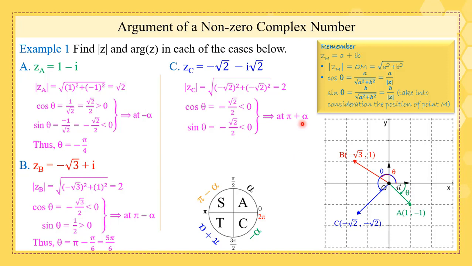Remember again, alpha is calculated using the calculator. We need an angle whose cosine is radical 2 over 2 and sine is radical 2 over 2. Ignoring these two minuses, the angle would be pi over 4. This is alpha, and theta would be pi plus pi over 4, which is 5 pi over 4, or negative 3 pi over 4.